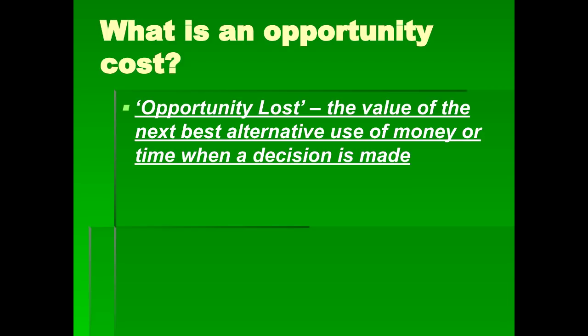you were given a $100 bill and you could spend it on whatever you wanted to spend it on. And you decide that out of everything in the world with that $100 bill, you want to buy a new sweatshirt, a new sweater, a new hoodie.